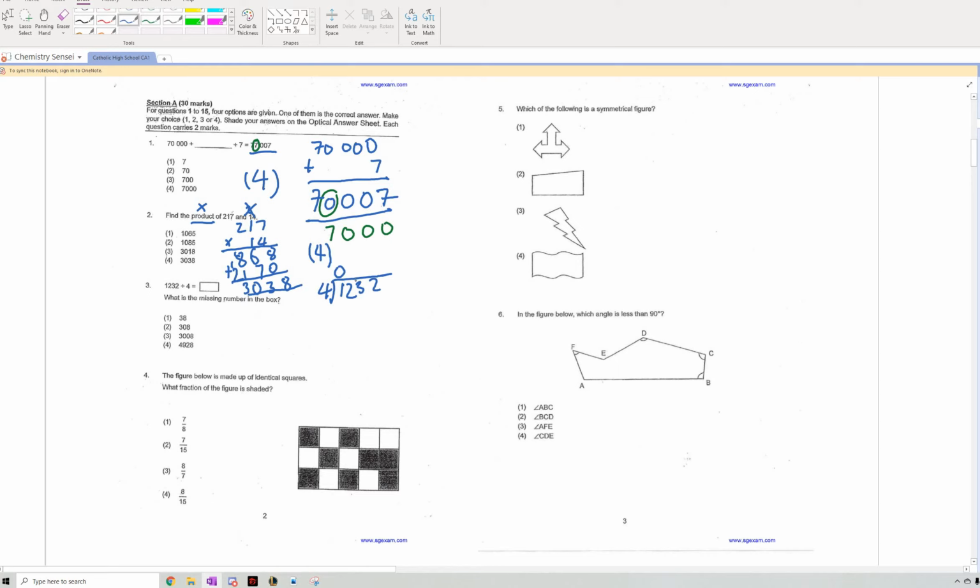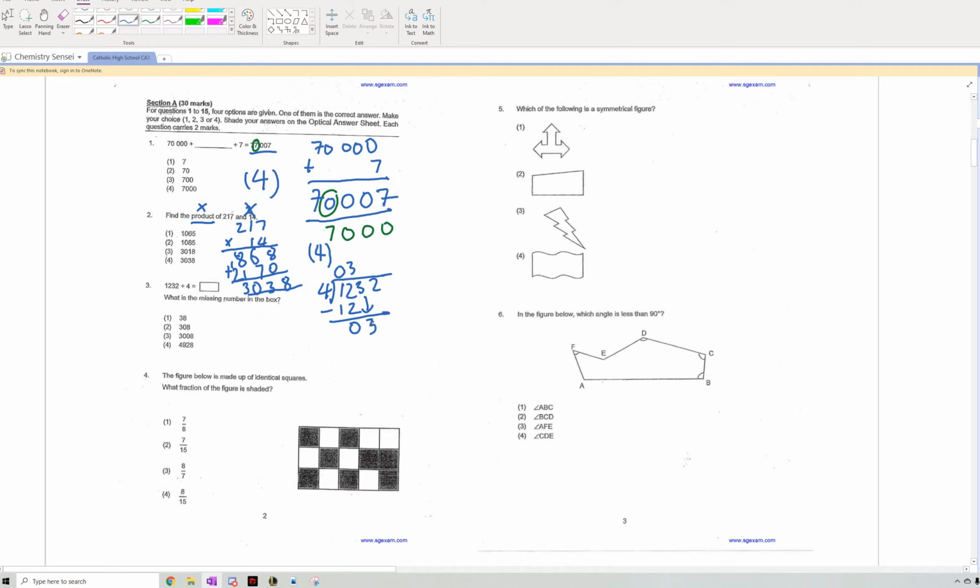So 4 multiplied by 3 is equals to 12. So 12 minus 12 is 0. Then we bring down the next number, 3. As 3 is smaller than 4, it is unable to be divided by 4. So similarly, we add a 0 on top.